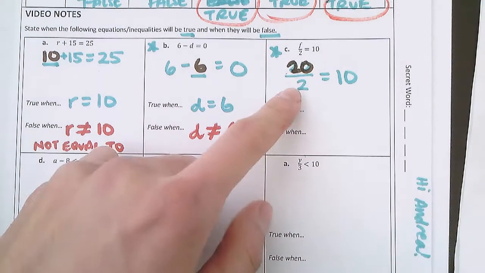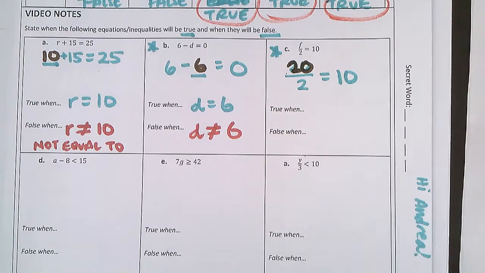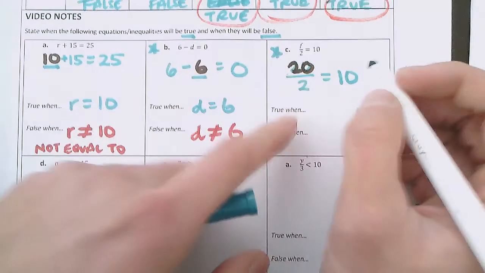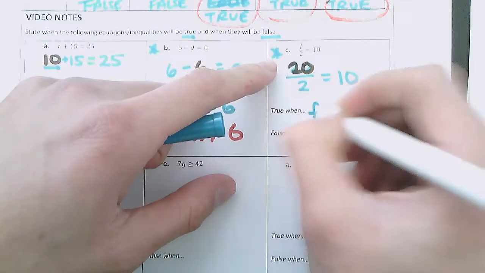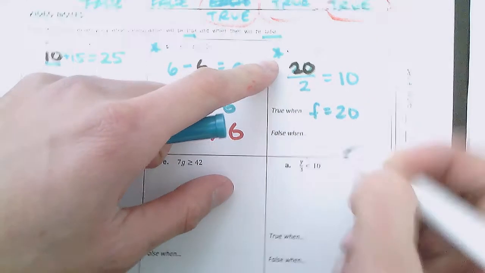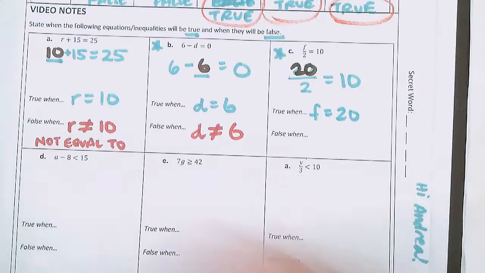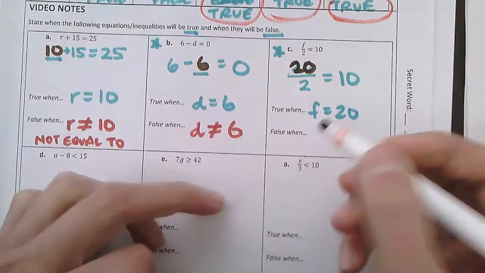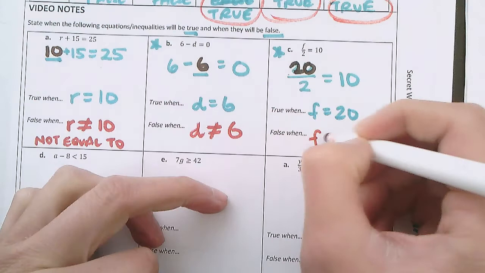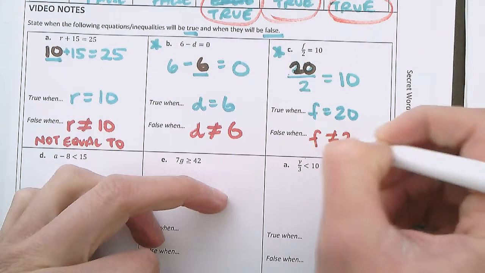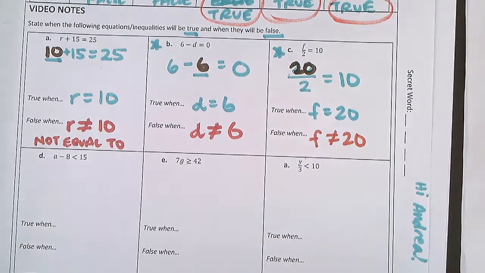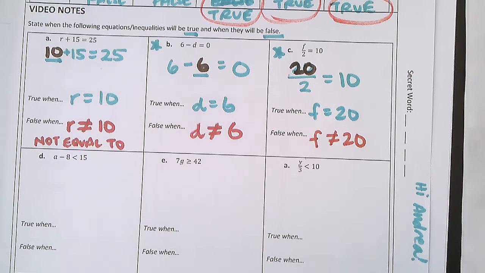So 20 divided by 2 is what gives me 10. So I know that this statement is true when f is equal to 20. And it's not true whenever f is not equal to 20. 2 gold stars if you got that on your own.